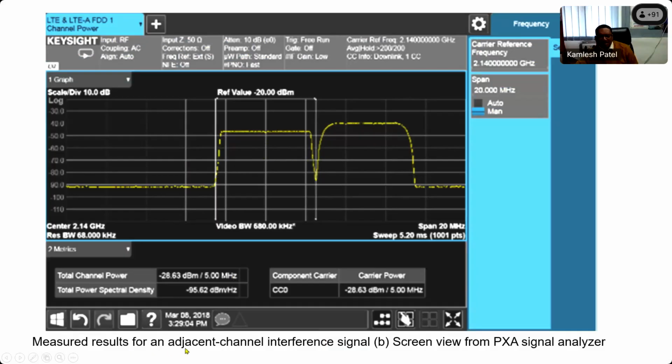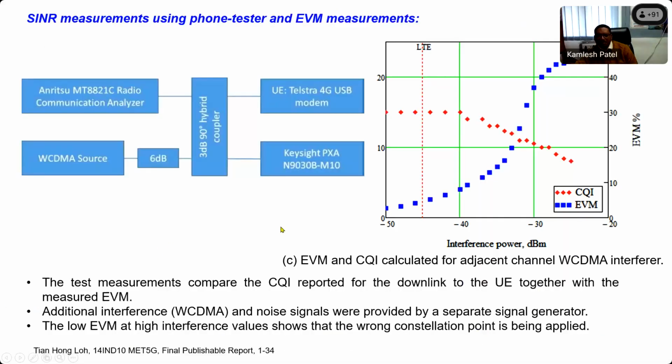So this is representing the measured results for adjacent channel interference, and this is the view from the signal analyzer. So finally they are able to evaluate two parameters, EVM and CQI, with respect to the value of interference power.